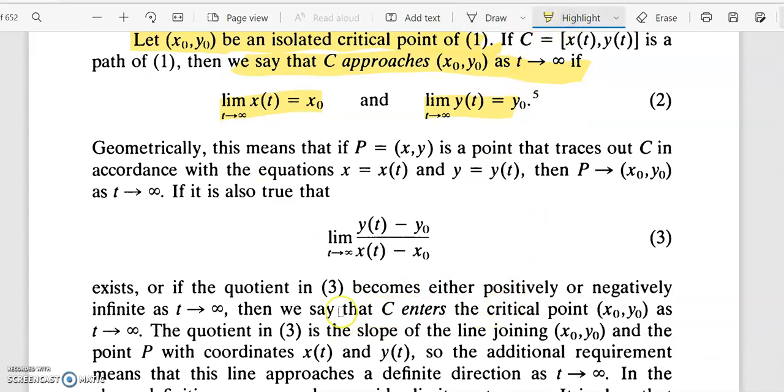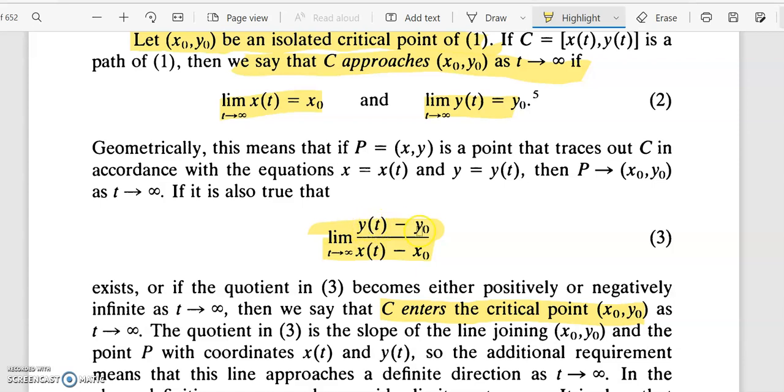The second definition is, c enters a critical point x0, y0. We consider the limit as t tends to infinity of y of t minus y0 by x of t minus x0. This measures the slope.